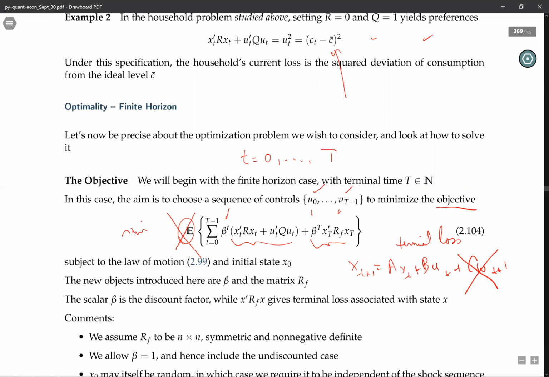These are just sequences of x's and u's, and this is just a sequence problem.